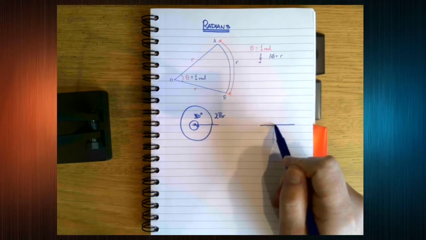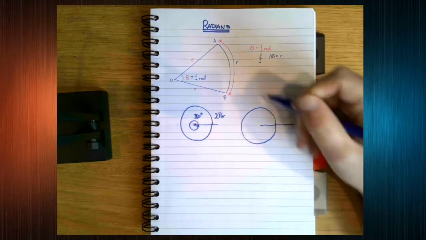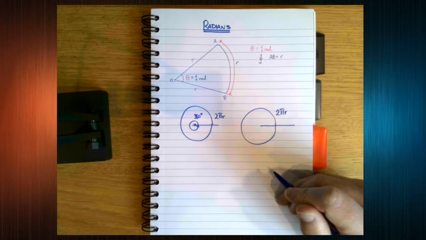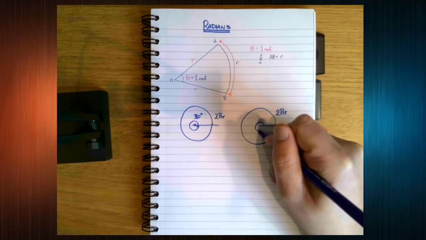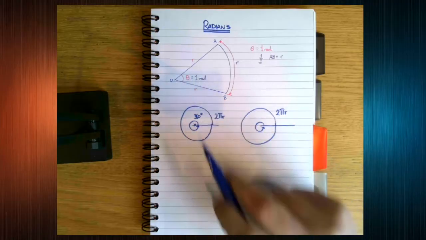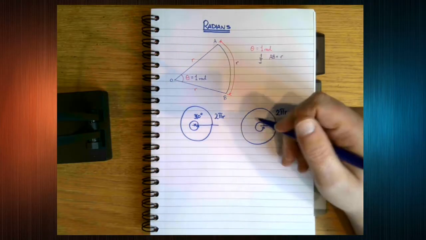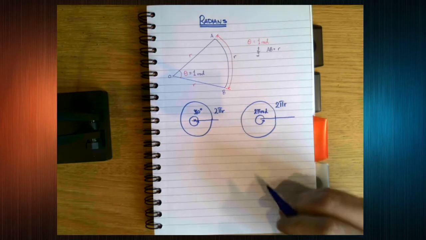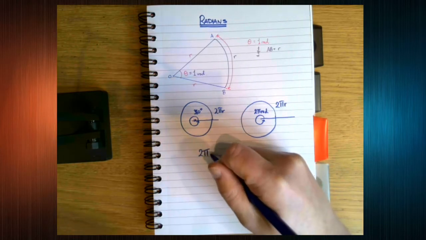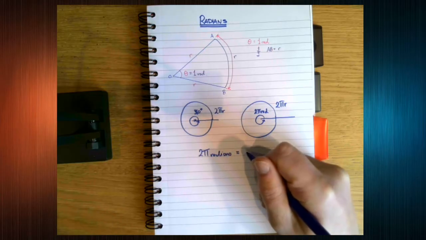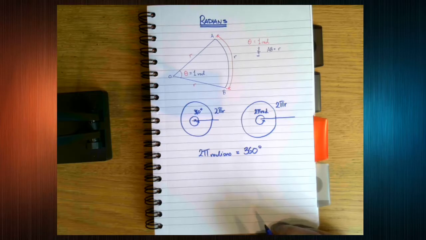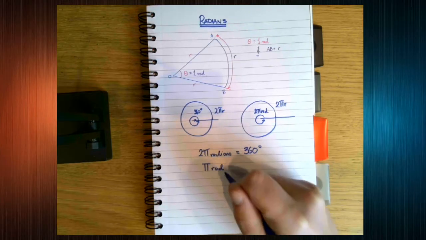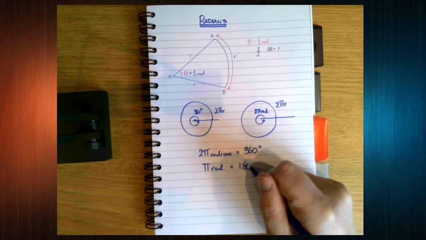To go all the way round, that's a full circle, our arc length has gone from r to 2 pi r, which means our angle has gone from 1 radian to 2 pi radians, which gives us the relationship that 2 pi radians is the same as 360 degrees. So pi radians is 180 degrees.